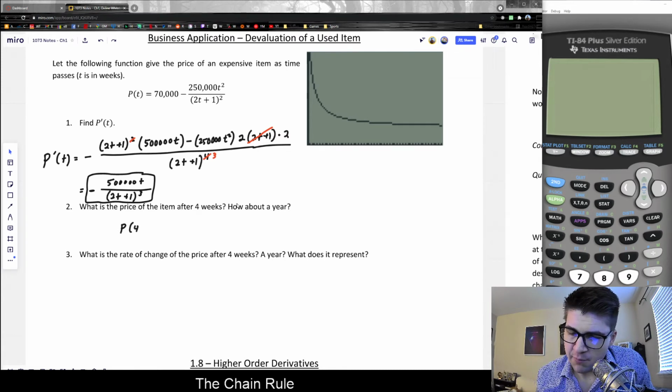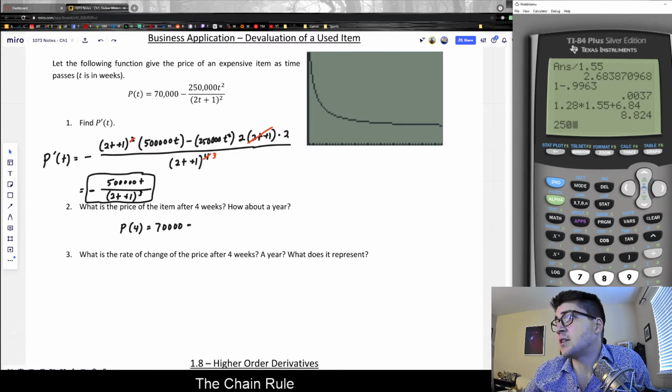But the price after 4 weeks, and notice it says t is in weeks, so I would just use 4 in there. Well, I would have 70,000 minus 250,000 times 4 squared. Let's go ahead and do that in the calculator. 250,000 times 4 squared.